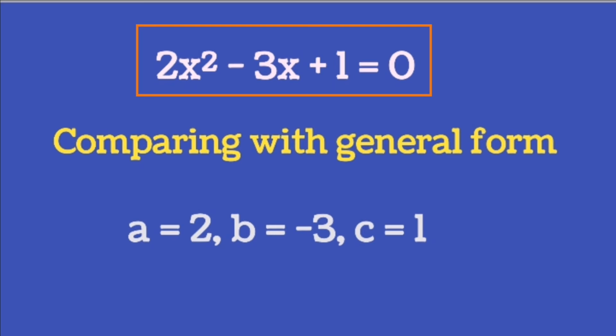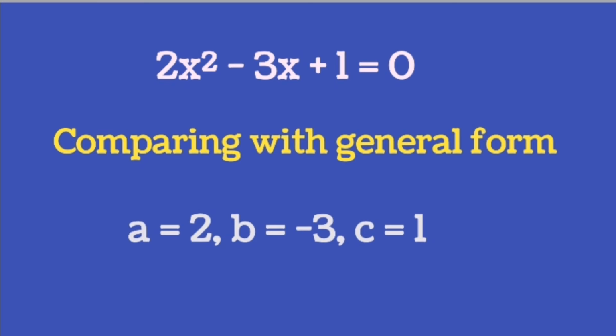If we want to solve the given quadratic equation by using the quadratic formula, first we have to write the given quadratic equation in general form. General form will be ax square plus bx plus c is equal to 0.